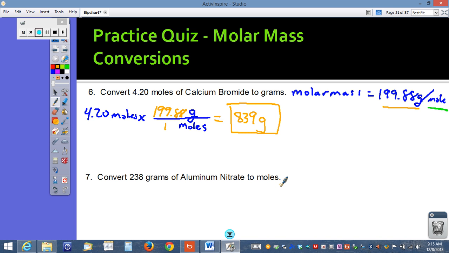To begin with, to go between grams and moles, we need the molar mass. We have the molar mass from a previous column up at the top of the page. This was 213.01 grams per mole. We're now going to start with our given, 238 grams.